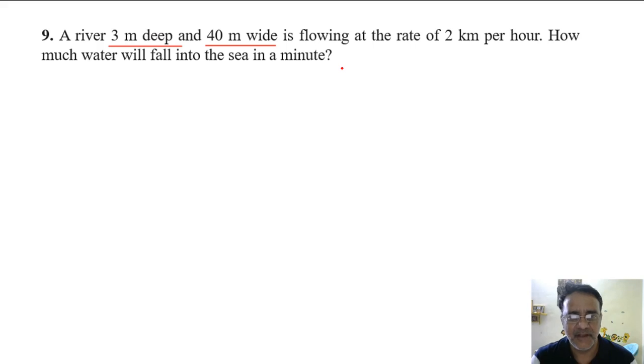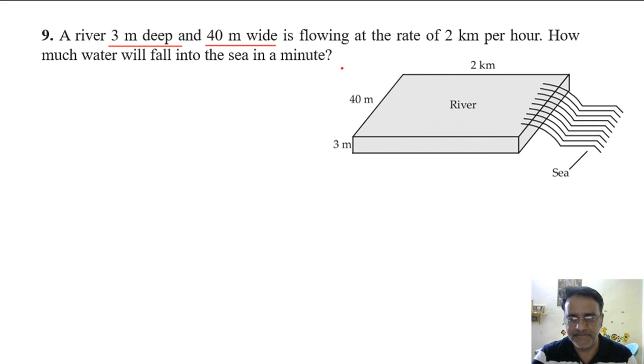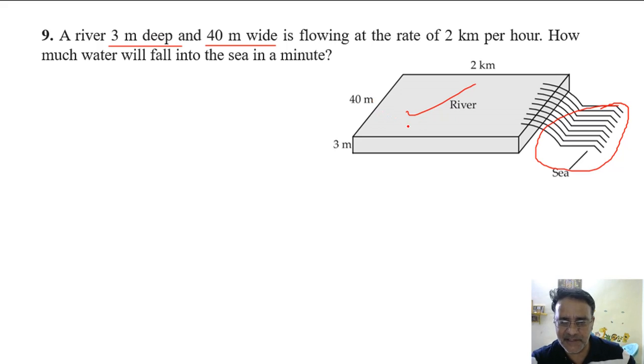Now see, the shape of the river will take a cuboidal shape, okay? And from the cuboidal shape, where is it going? See this figure. This is the shape of the river and the water is flowing into the sea. Can you imagine this figure? Yes, you can imagine.